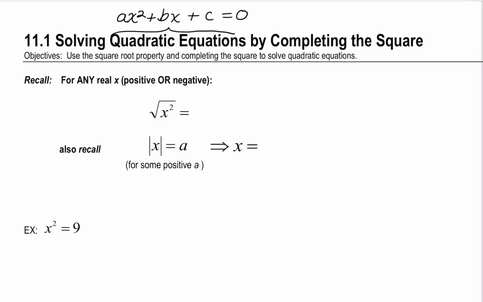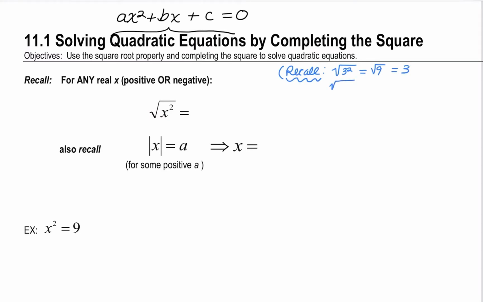We're going to need to recall from the last chapter that x can be any real number, meaning positive or negative. I want you to recall from chapter 10, maybe section 10.2, we developed this idea that the square root of 3 squared gives us root 9, which is 3.